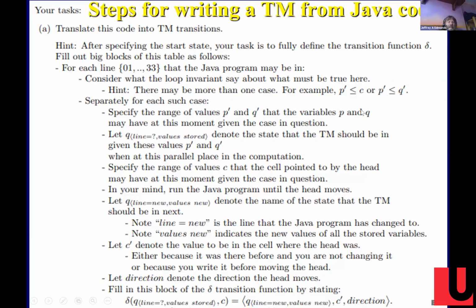I have a particular case in mind, and hence I have a particular range of values for my P prime and my Q prime, and I have a particular range for my C. Then I'm going to assume that for those particular values, I'm in a particular state and I'm reading a particular character, and then I fill in the table entry that says, if I'm in this state and I'm reading this character, then I go to this state, I write this character, and I move the head in a particular direction. Right? Does that make sense?